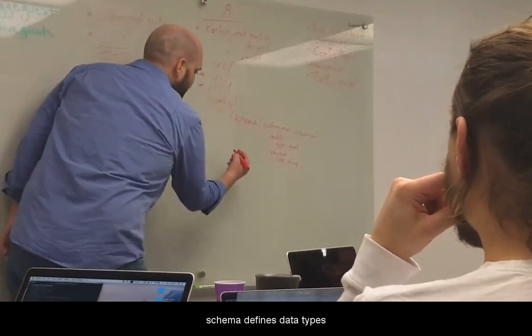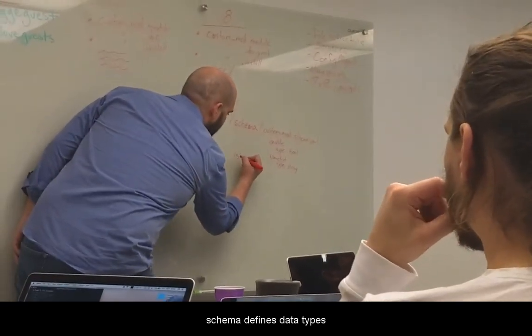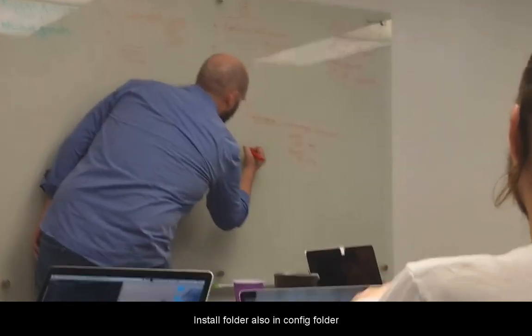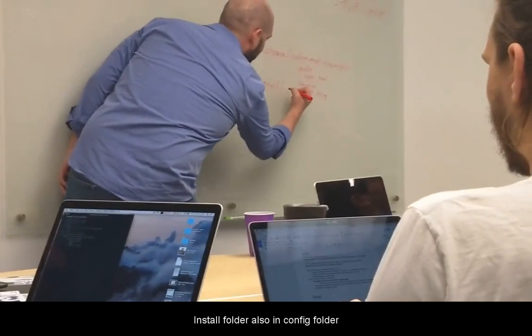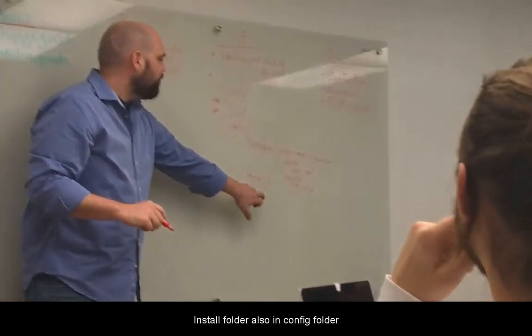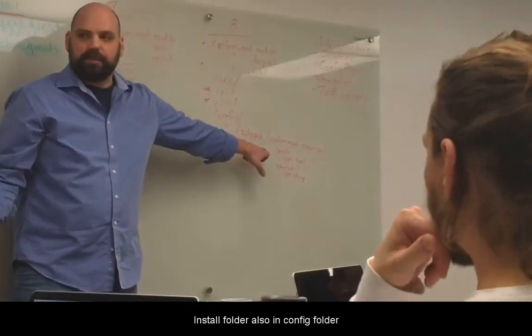Also inside of the config is a folder called install. It looks like this. This is a great example. This is the value for your settings when your module's enabled.